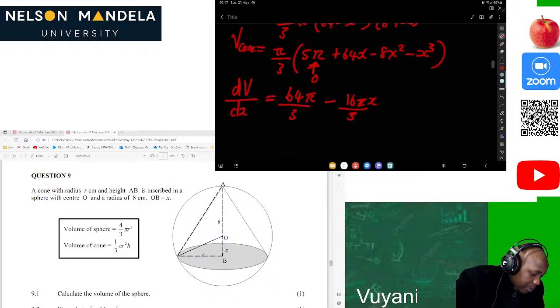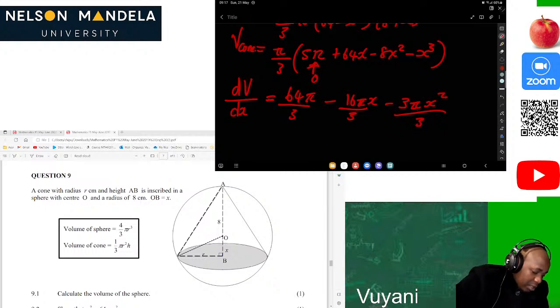Yes, here we go. Then for this one, it's going to be negative 3x squared, but we have that pi again, so we have negative 3 pi x squared divided by 3.